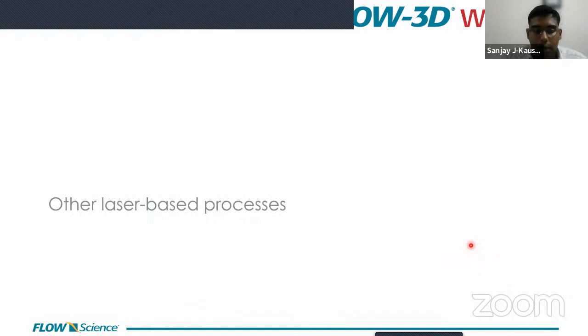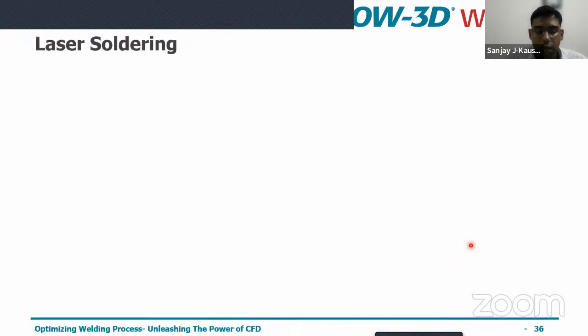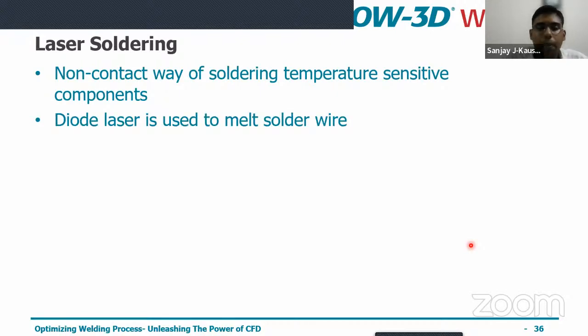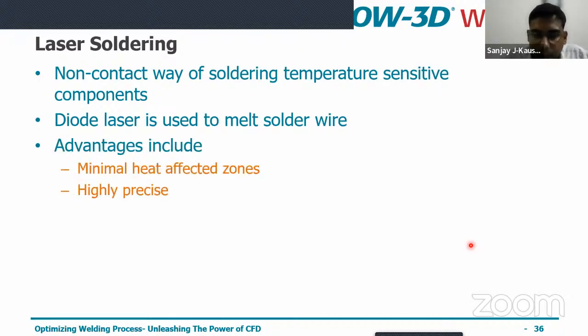So coming to other laser-based processes, we have laser soldering, a non-contact way of melting a metal and adding it to particular gaps. A diode laser is used to melt and solder the wire. The advantages are mainly minimal heat affected zones, and it is very highly precise.